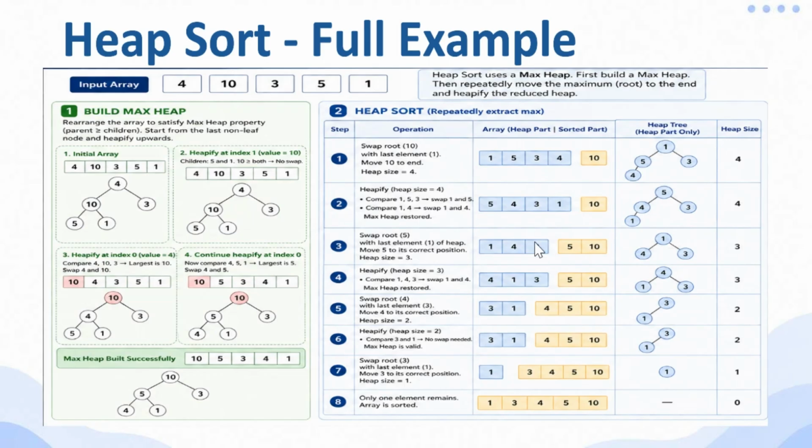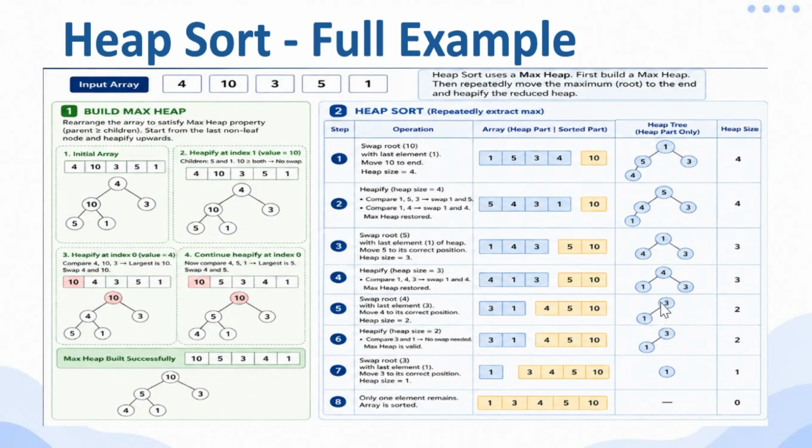Now we have 4, 1, 3. So now 4 is in the correct position, so we add it to the highlighted portion. Now we have 3 and 1 remaining. 3 is already larger than 1, and the heap contains only 2 elements, the root 3 with 1.